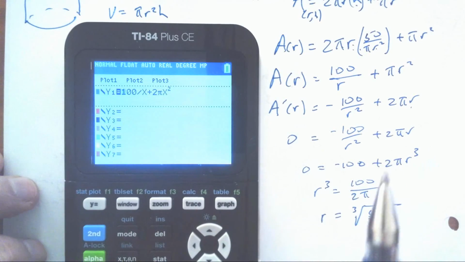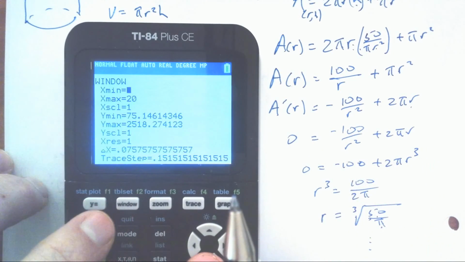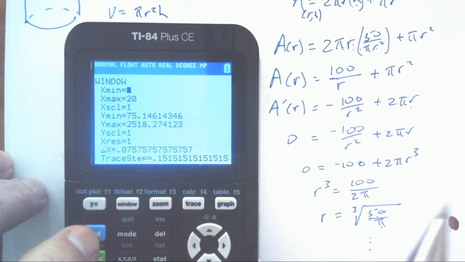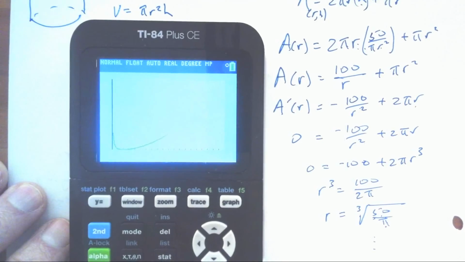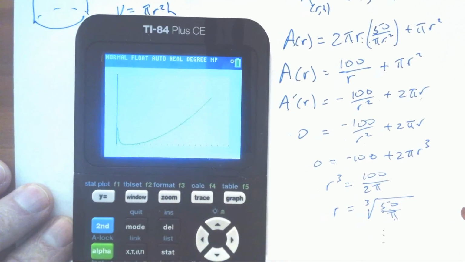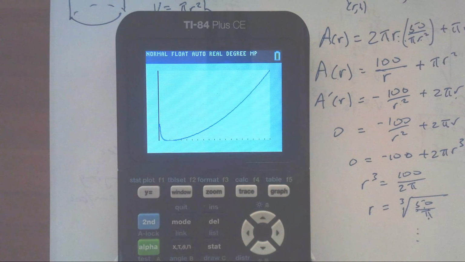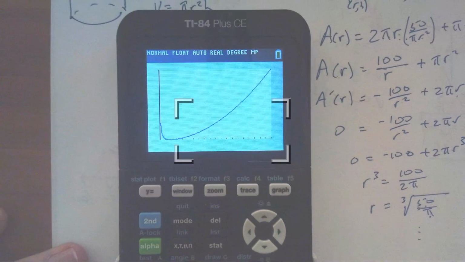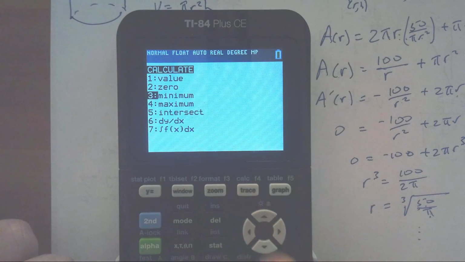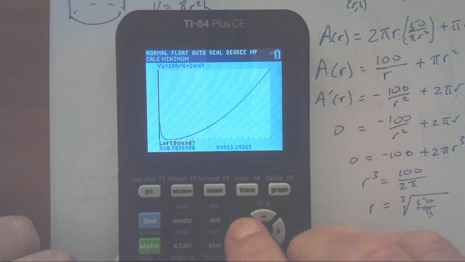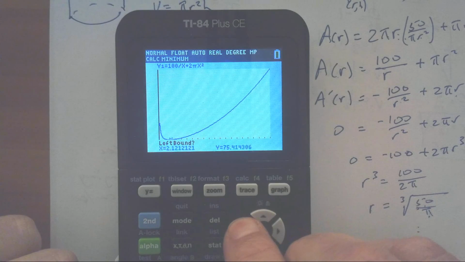Whew. All right, and I went ahead and set my window 0 to 20, and I zoom fit this guy. Go to my graph, and the height of that function represents the area. So I'm going to second calc minimum. And the bell's ringing, and just in time here, we're going to find that value.